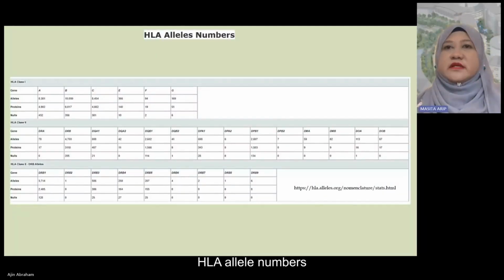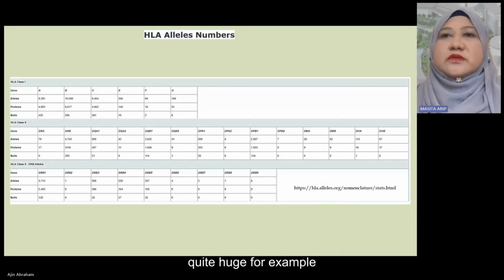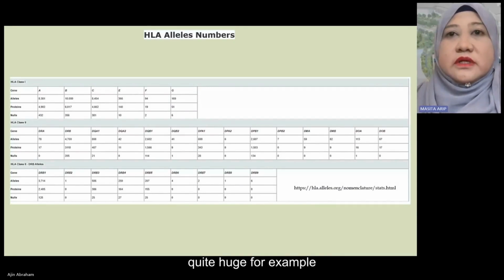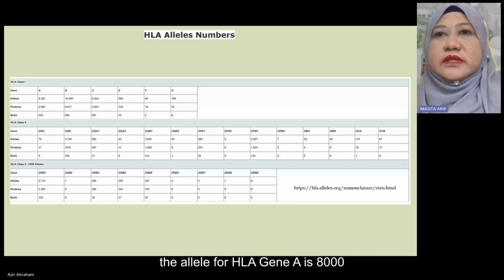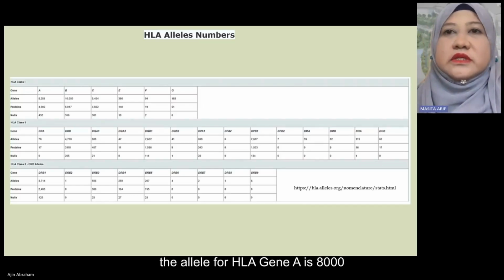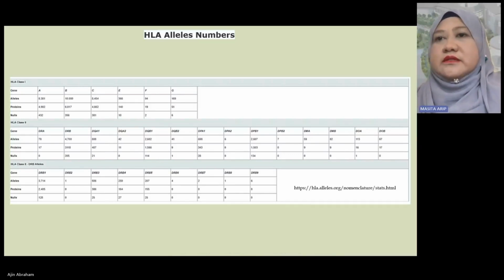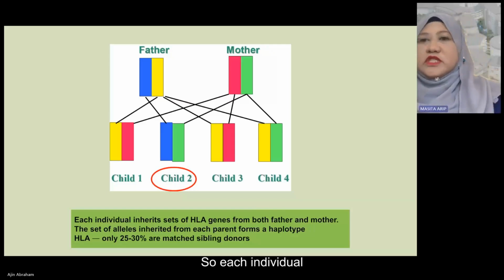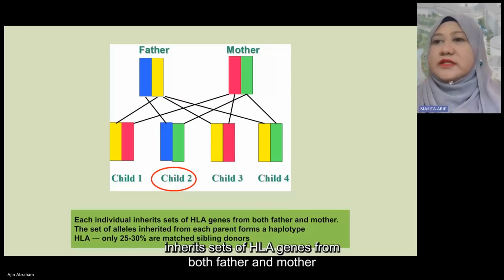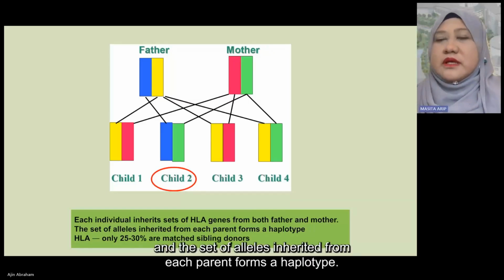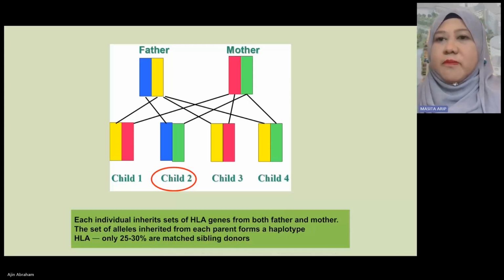So HLA allele numbers are quite huge. For example, the number of alleles for HLA-A is 8,000 something. So as you can see, there is quite a lot of polymorphism in the HLA alleles. Each individual inherits sets of HLA genes from both father and mother, and the set of alleles inherited from each parent forms a haplotype.